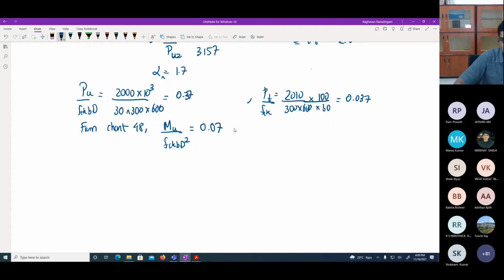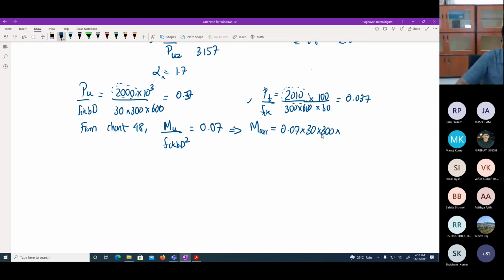What you should remember is that we have found this Mu by fck bD square value for an actually provided amount of steel and the actually applied axial load. So what I find from this Mu is basically how much moment along this x direction the column will take if there was only axial load and only this moment alone. So this is basically my Mux1 equals 0.07 times 30 times 300 times 600 squared.